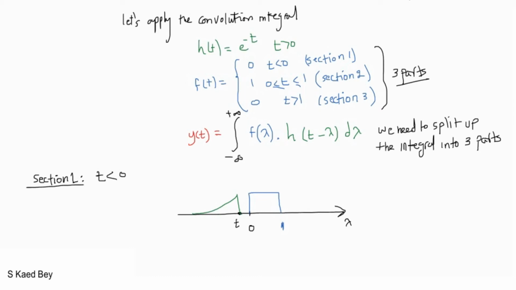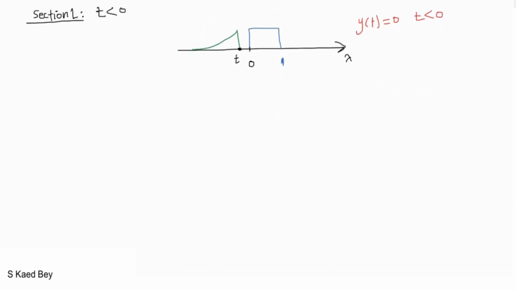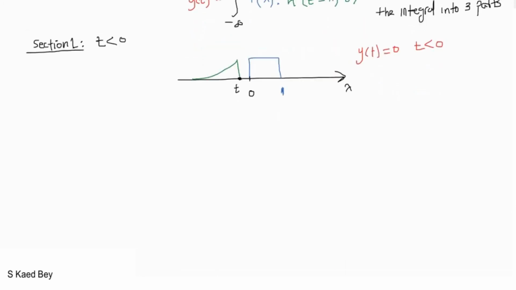For t less than 0, the argument of the impulse function, t minus lambda, is always negative. Hence, there will be no overlap between the reversed impulse response and the input function. So this means the multiplication will always end up as 0. So the result of the first part of our solution is 0.